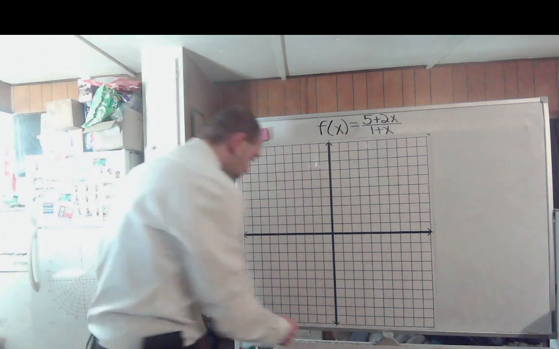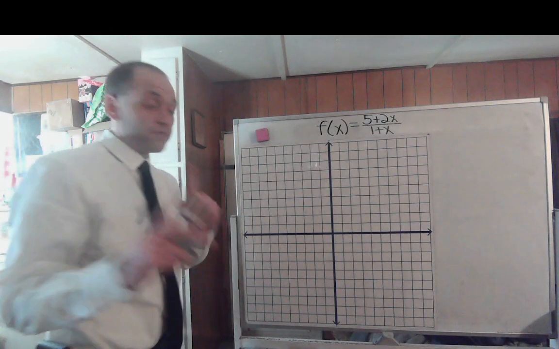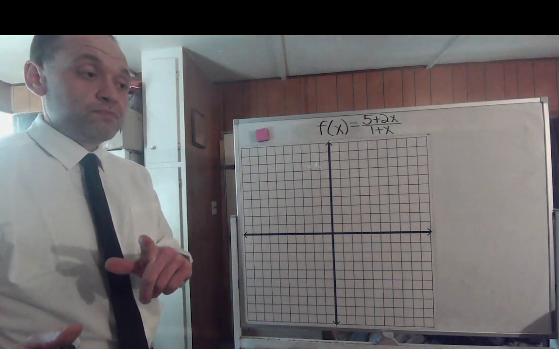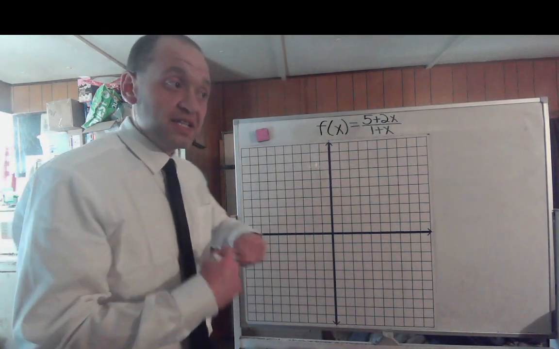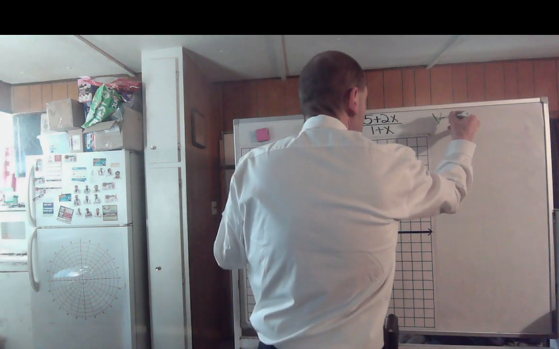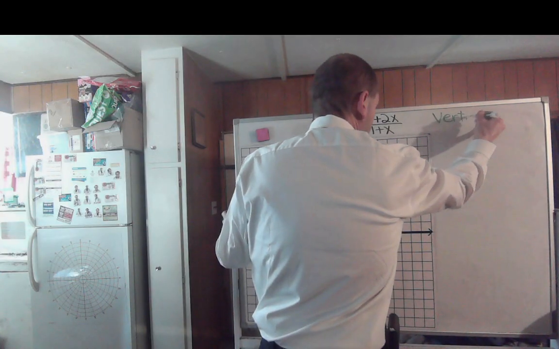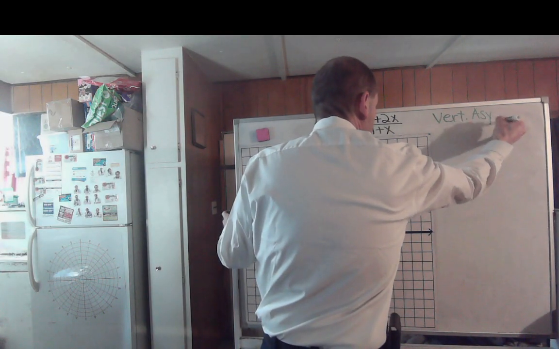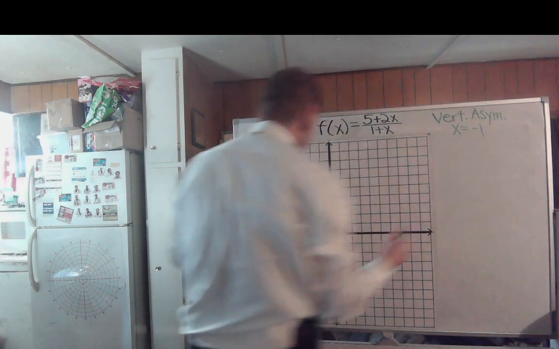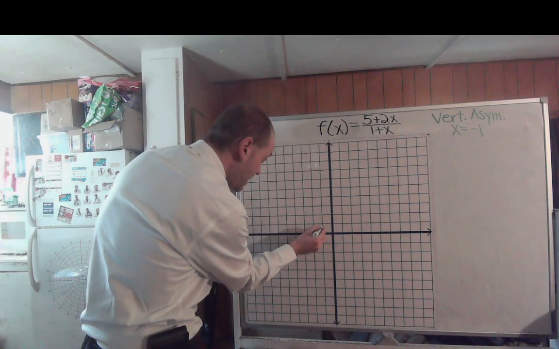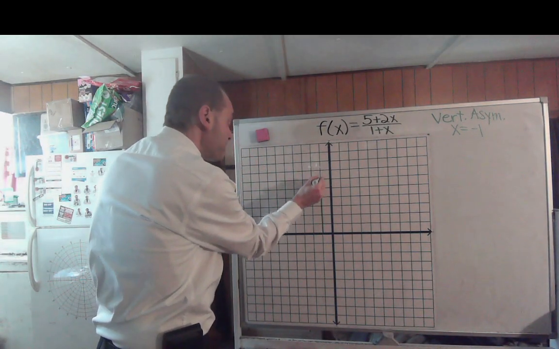Alright, well, let's look for your vertical asymptote. What is the vertical asymptote? Set 1 plus x equal to 0, you get that x equals negative 1. So you have a vertical asymptote located at x equals negative 1. So let's go ahead and draw that for good measure.